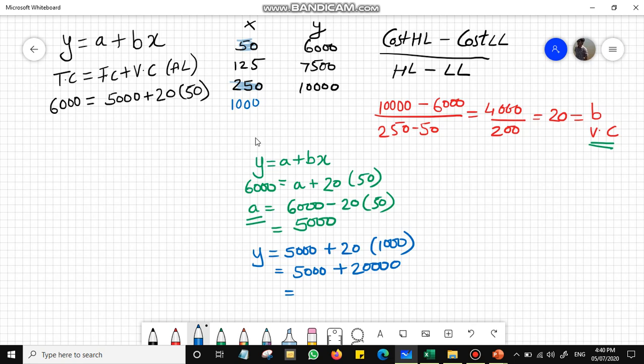And hence you can say that your total cost at an activity level of 1,000 units will be $25,000. So once again, remember, you have used the high-low method to calculate the value of B. Then you substituted B in the equation y is equal to A plus Bx, and you calculated the value of A. And then you were able to calculate the total cost at any activity level.